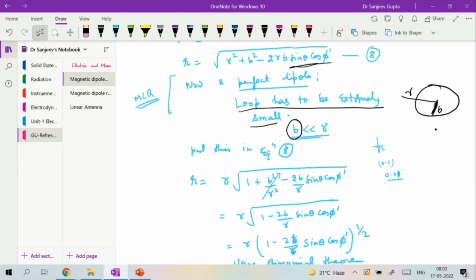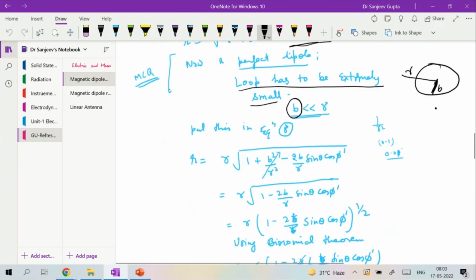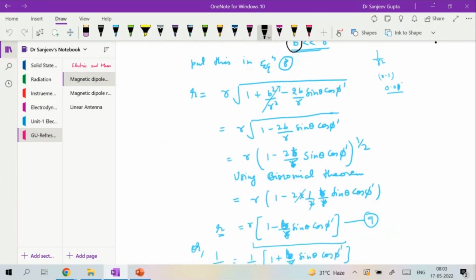When I take r out, this is 1 plus b squared over r squared minus 2 br sin theta cos phi. Now again, this is small, so that's why we neglected this. Now we have r times 1 minus 2 br sin theta cos phi, to the power 1 by half.